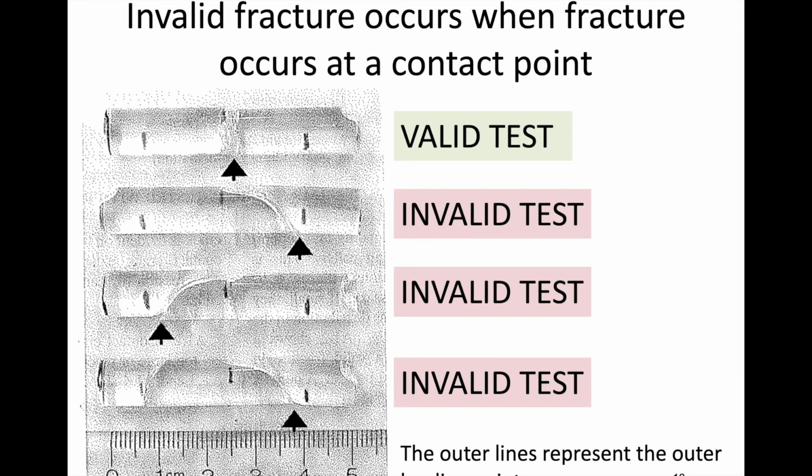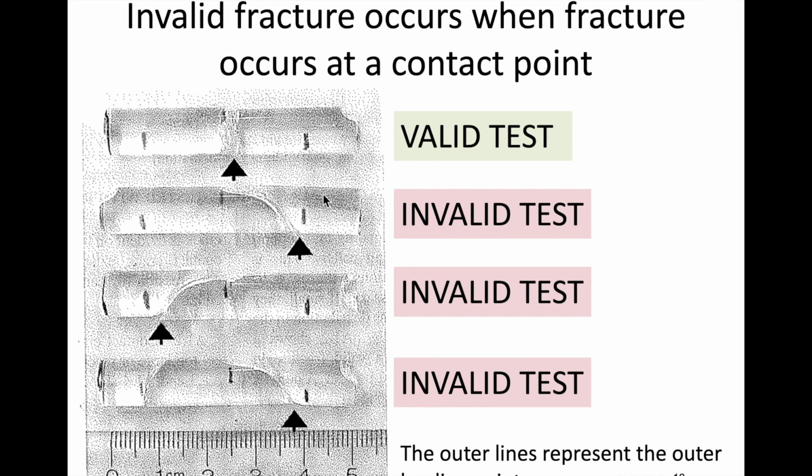But I do want to move on to some invalid fractures that can occur. These are ones that happen when a fracture occurs due to crushing at a contact point. So let's start with a valid test. This is taken from the same ASTM where the other images are. You see the initiation indicated by the arrow right in the center, and then you see these other marks.